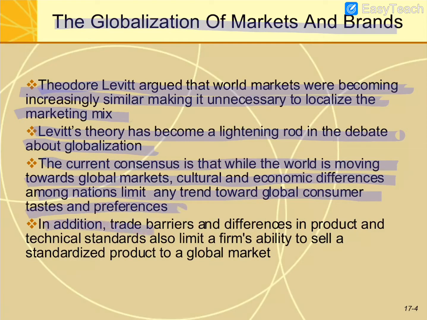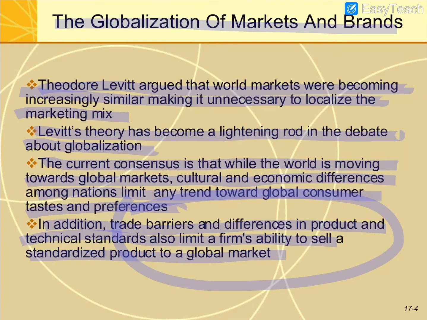In addition, trade barriers and differences in product and technical standards also limit a firm's ability to sell a standardized product to a global market. Because of these barriers, the cultural and economic differences make it very hard to sell a standardized product to a global market.